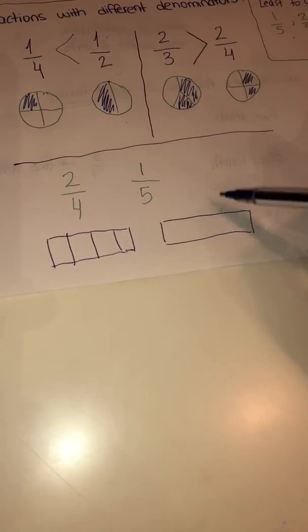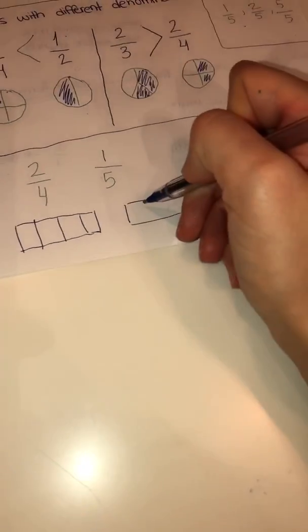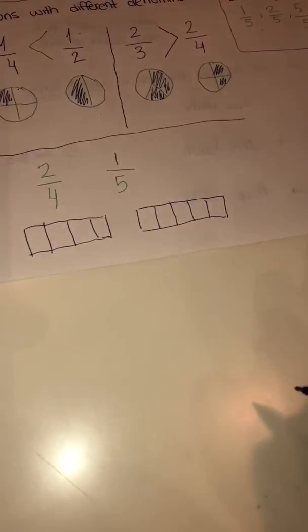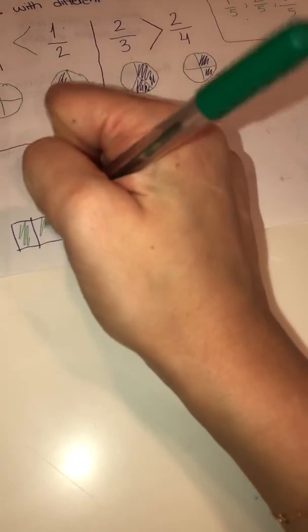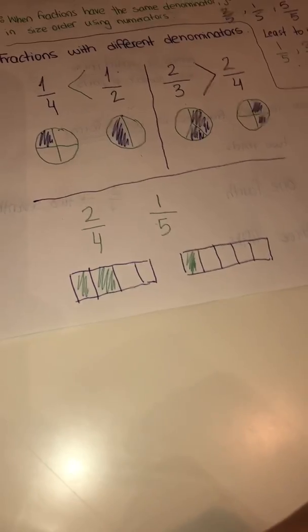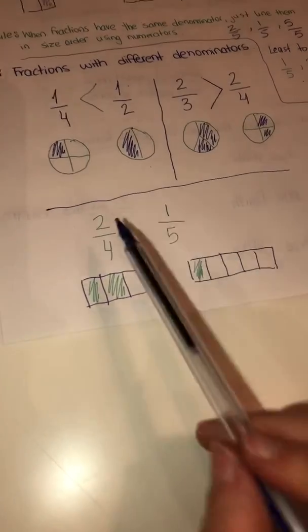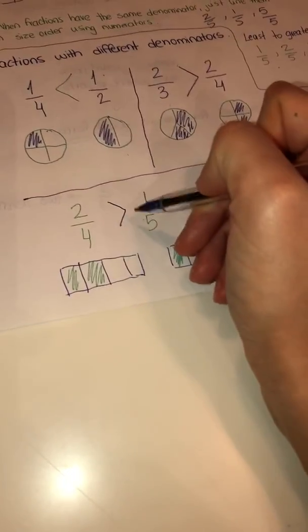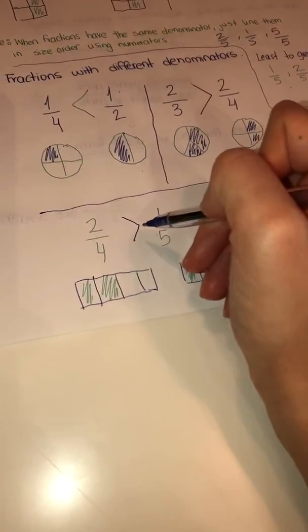So 1, 2, 3, 4. And over here, I'm going to divide the rectangle into 5 parts. 1, 2, 3, 4, 5 parts in total. And for the first fraction, I'm only going to shade 2. And over here, I'm going to shade 1. So which fraction do you think is bigger? Which has more shading? It's 2/4. So I place this crocodile sign because the crocodile is hungry and it eats the bigger number.